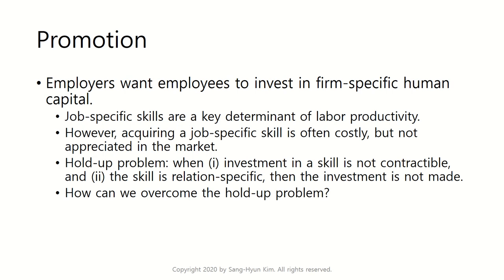That's the holdup problem. Because it is not appreciated in the market, and once the investment is made it will undermine the bargaining position, the worker doesn't have a reason to make an investment in job-specific skills.